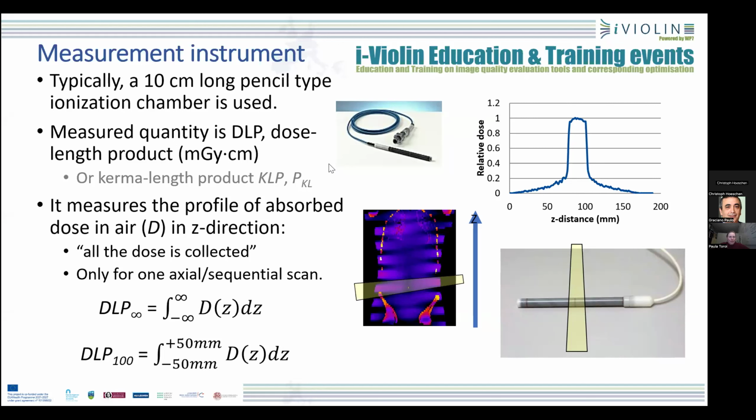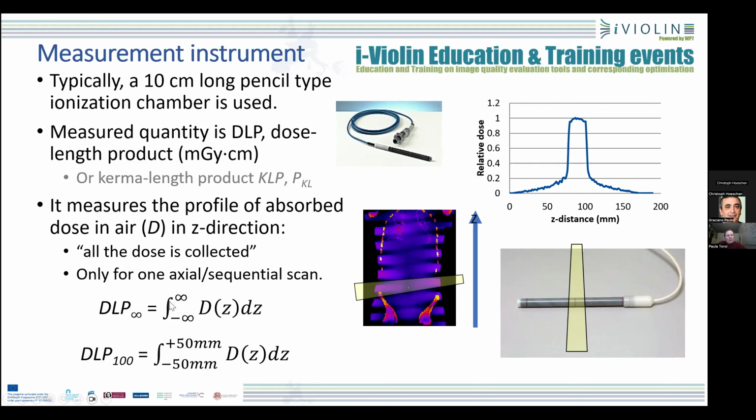So when we use this CT chamber, we actually do the measurements only for one axial sequential scan. The beam is hitting the chamber in the middle, and we measure the whole profile. So we are integrating the whole dose, basically collecting all the dose which is hitting the chamber.